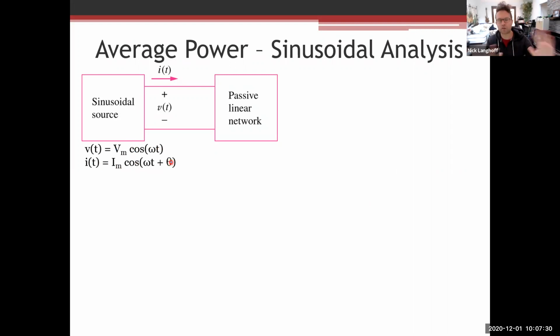Just for simplicity's sake, let's assume that theta v is 0, that there's no phase offset for the voltage waveform. That allows us to track just one angle, which we'll call theta, and we'll define theta as the angle between I and V.